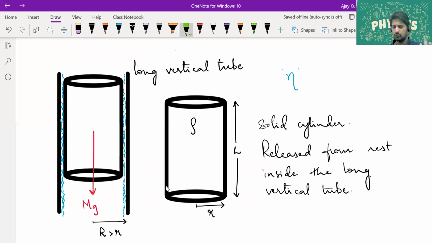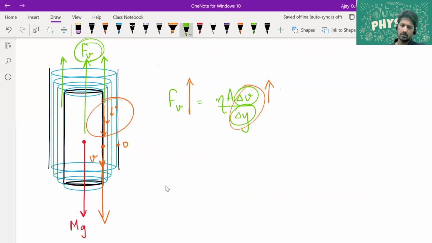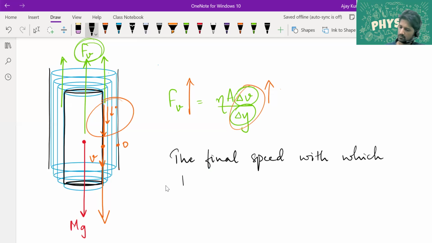I hope you understood the situation, what is going to happen with this cylinder. What I want you to find out is the final speed with which the cylinder falls. Actually, if this question is asked in an exam, they won't help you with that visualization.